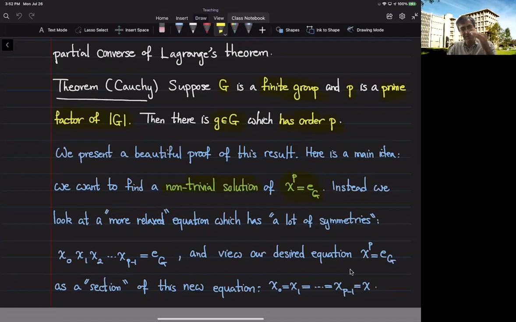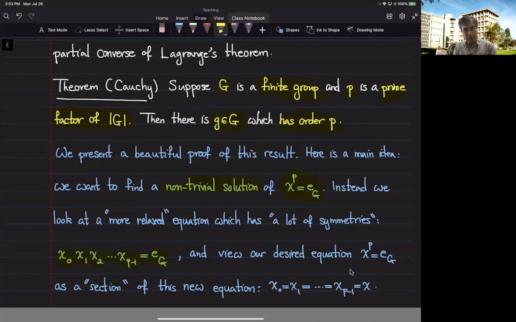So we want to find a more relaxed equation which has a lot of symmetries and use those symmetries to our advantage. Often that means that we are going to have more variables. Instead of having a single variable x, I'm going to replace it with p variables: x sub 0, x sub 1, x sub 2, till x sub p minus 1, and the assumption is that their product is the neutral element of the group G.